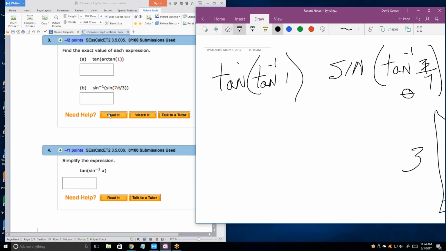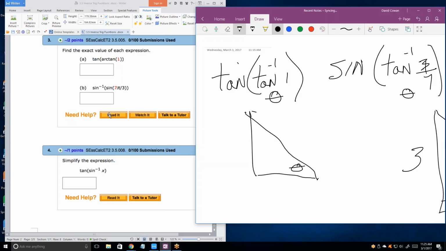So if we do this the same way we did the others, I'm drawing a triangle. First of all, I'm going to label that theta. Very important that you know you're dealing with the tangent of an angle that's called theta. And I'm going to label theta on my right triangle.